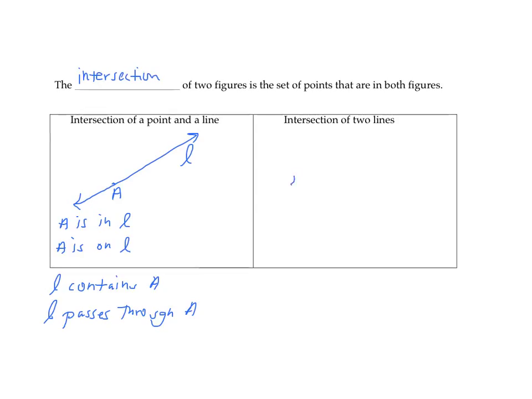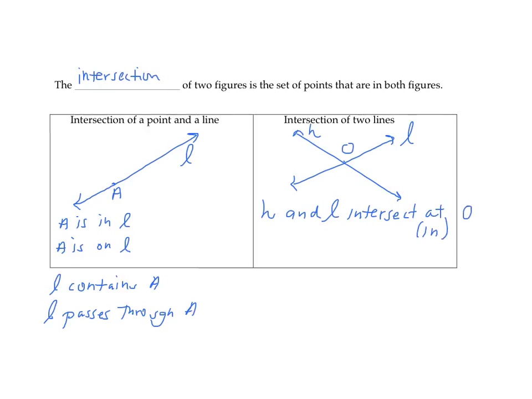The intersection of two lines is a single point. For example, if we have line H and line L, you can see that because they are straight lines, they meet at a single point, which we're going to call point O. So we can say that H, script letter H, and L intersect at O. You can also say they intersect in O. And another way to phrase this would be to say that O is the intersection of the two lines.